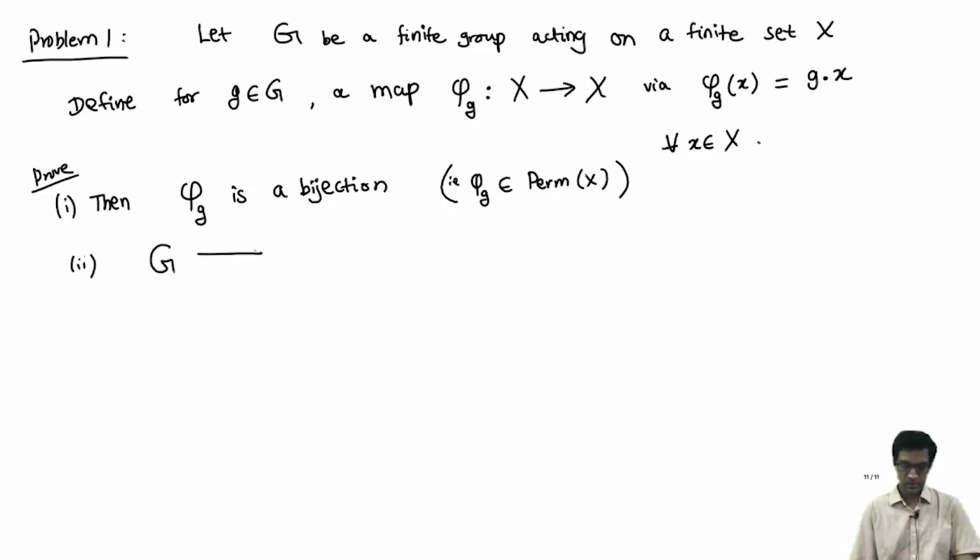Number two, the map phi from G to perm of X, which maps each element g to phi sub g, is a group homomorphism.